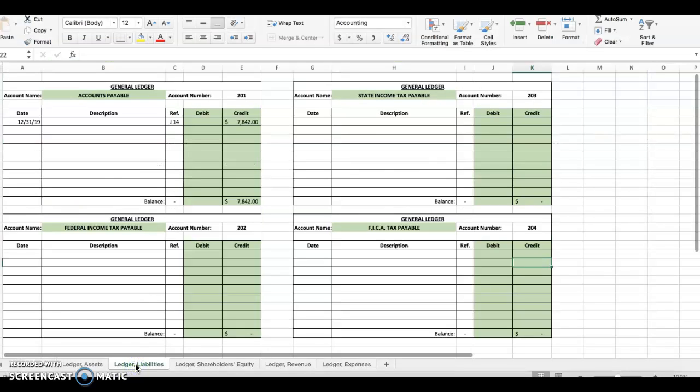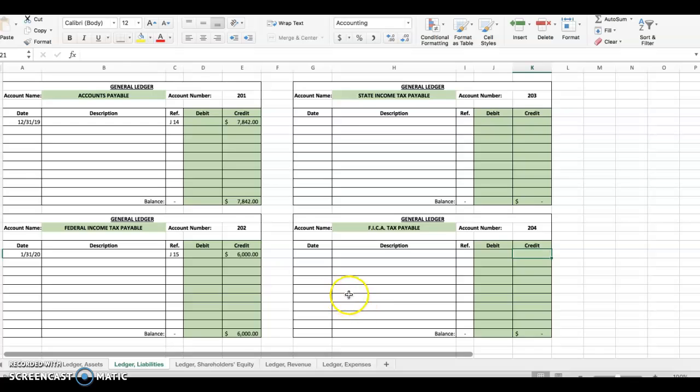So in the liability account, we find federal income tax payable. And again, this came from journal page 15, and it is a credit of $6,000. So we now owe $6,000. And if we continue the posting, there'll be money on the credit side of state income tax payable, and there'll be money on the credit side of FICA tax payable.